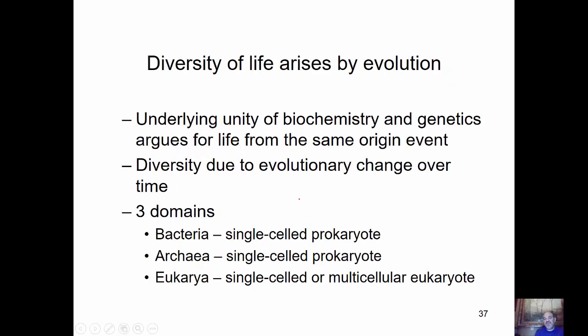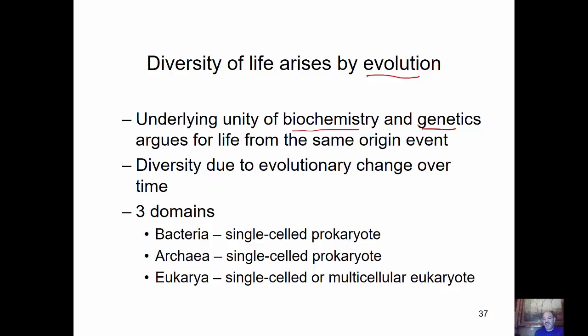Diversity of life is another theme, and it arises by evolution, which is Darwin's theory. The underlying unity of biochemistry and genetics argues for life from the same origin event. If we look at the molecules and the genes that make up all of life, we find that all of them use the same basic type of genetic instructions.